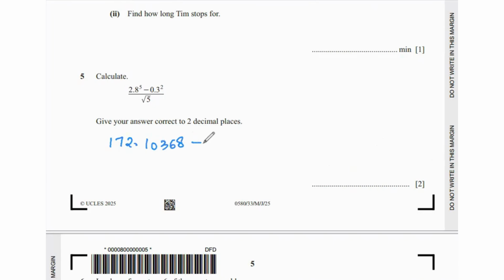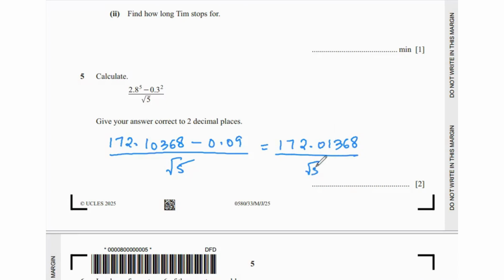Minus 0.3 squared, which is 0.09. Then divide the result by root 5. When we subtract the two, we get 172.01368, divided by root 5, which gives us 76.93, correct to 2 decimal places.